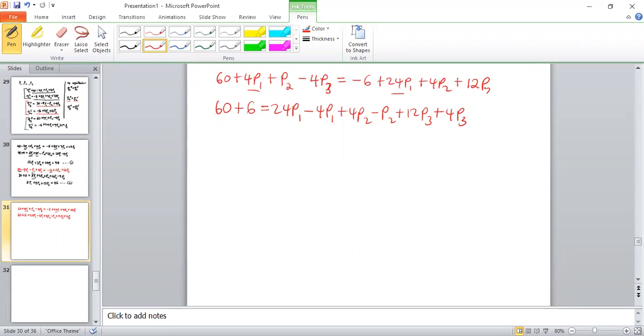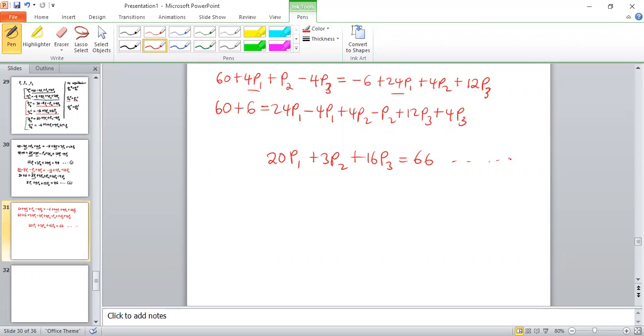Hester, you can confirm that what we are writing is what you gave us. Is this the correct thing that I've written now? Okay, so that will be 20p1 plus 3p2 plus 16p3 equals 66. So you have three equations.